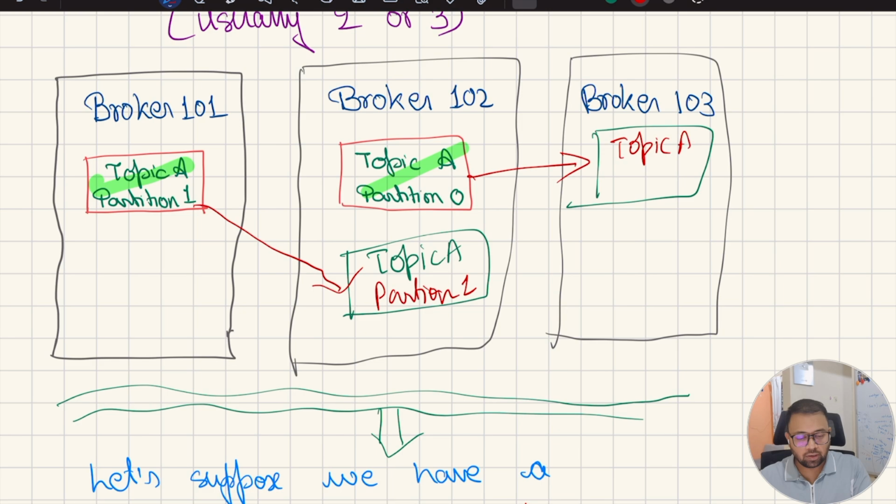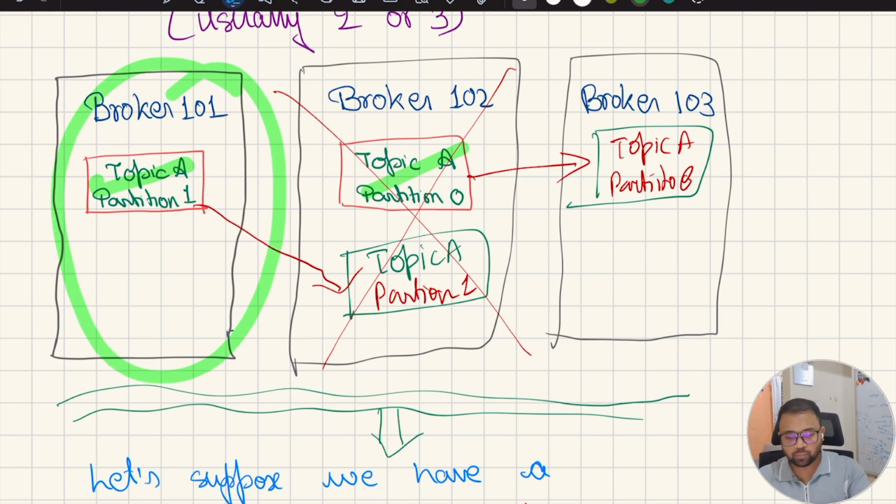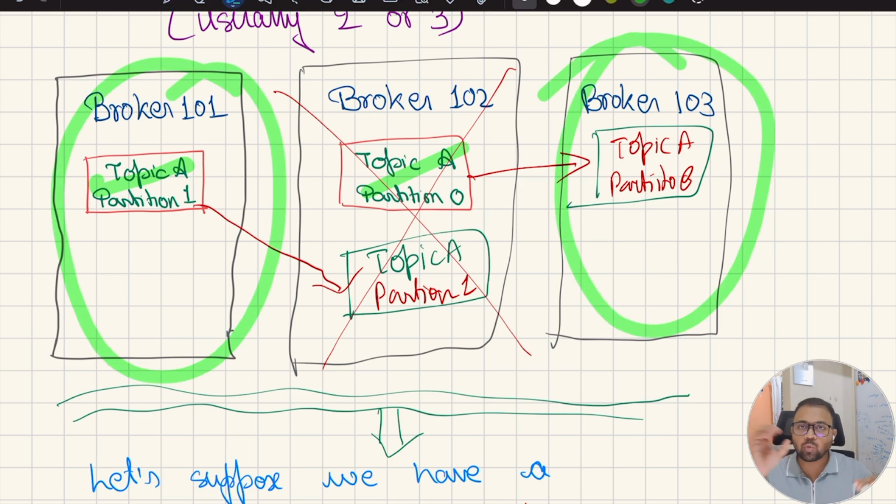Topic A partition 0. Let's suppose in some cases, if this particular broker is lost, like this broker 102 or broker 2 is lost, you can always serve your program using these 2, right? Because these 2 brokers will always contain your partitions.